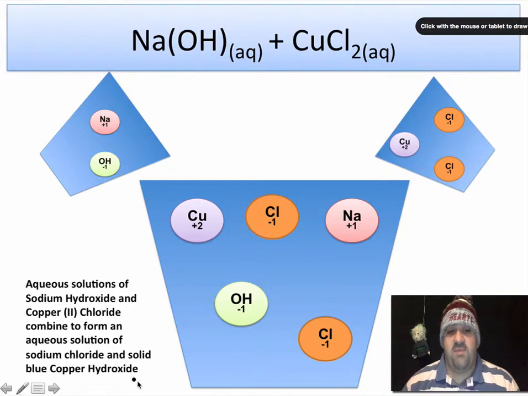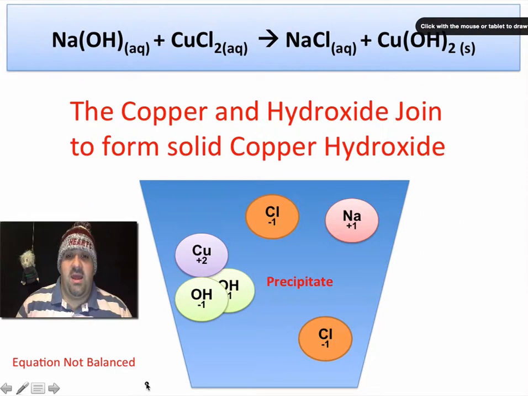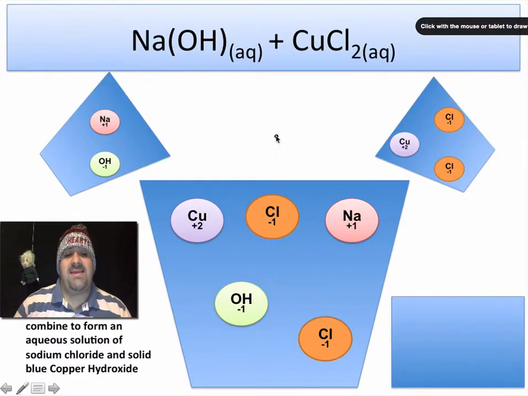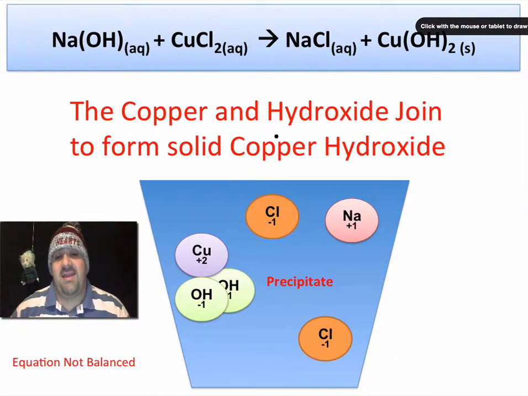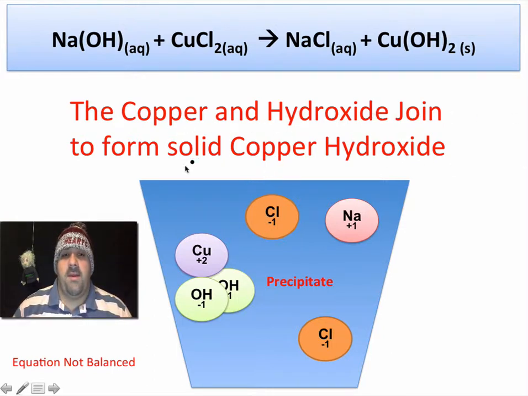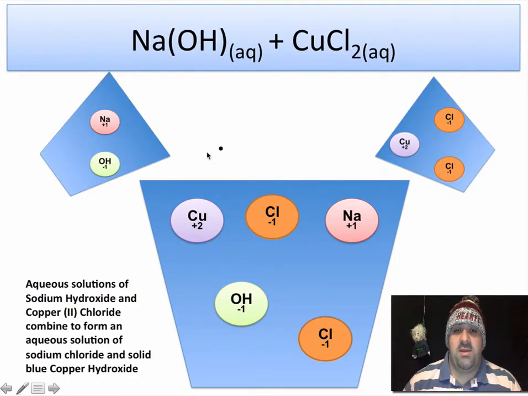And what are they forming? They're forming sodium chloride and copper hydroxide. So what happens is the copper and the hydroxide are going to join together to form solid copper hydroxide. So we had NaCl, copper, and OH all in the container. And as it turned out, the copper and the hydroxide joined together to form a solid.